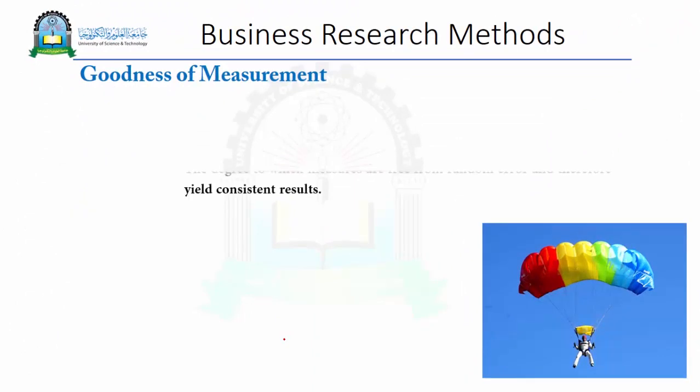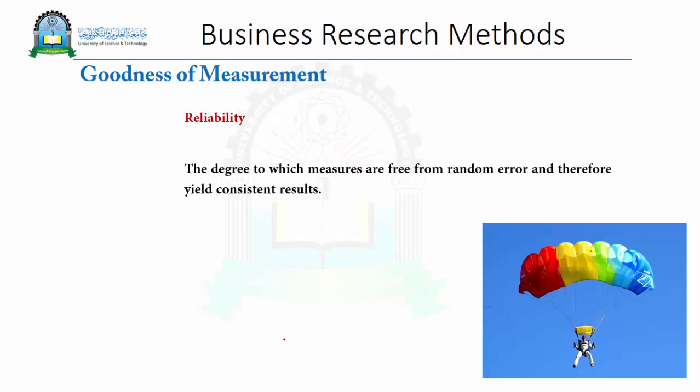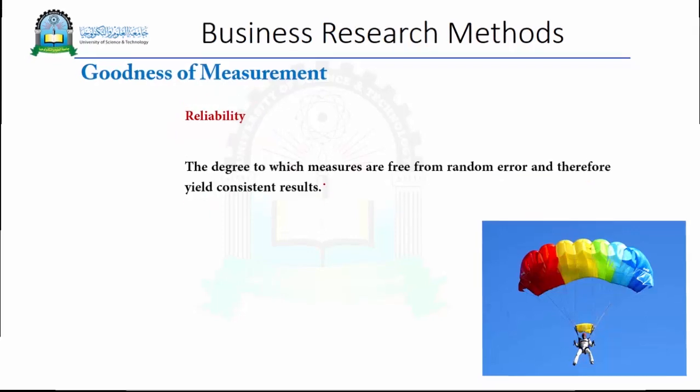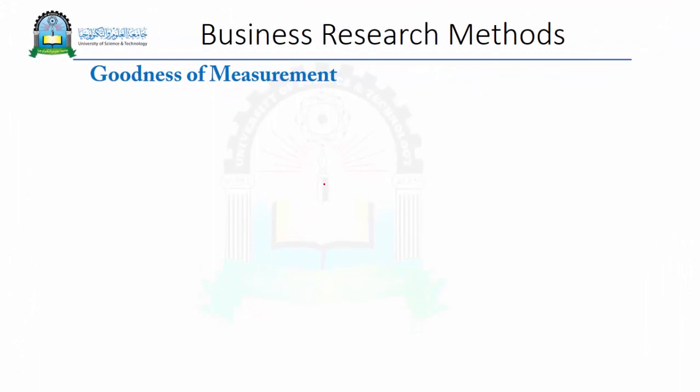The second thing to test the goodness of measurement is what we call reliability. Reliability is the degree to which measures are free from random error and therefore yield consistent results. So it is the consistency between the items of the questionnaire.